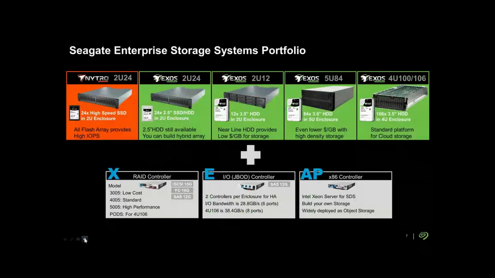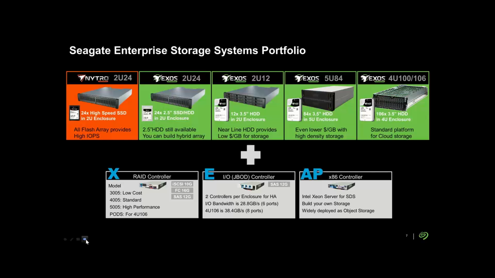Let's look at our portfolio, right? So we have two major product lines. Nytro stands for our storage system, which is flash-based, like an all-flash array, right? A product where you can take all the flash drives, that will primarily focus on accelerating IOPS, right?